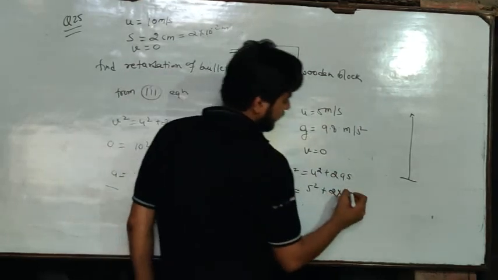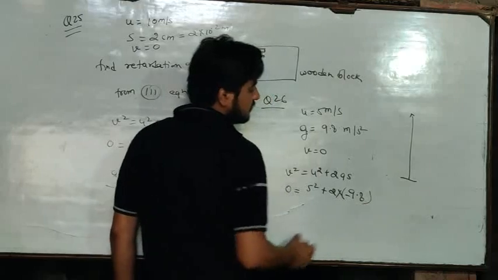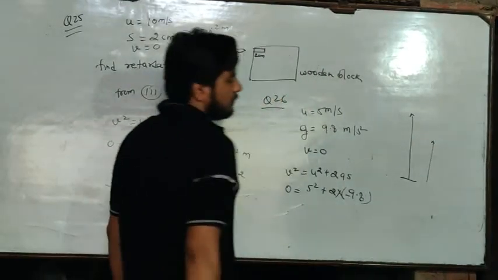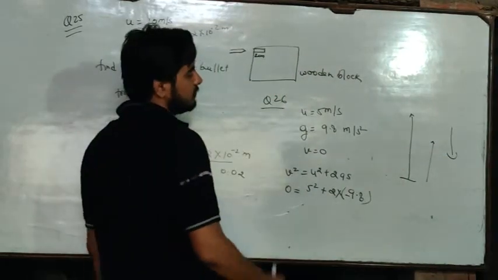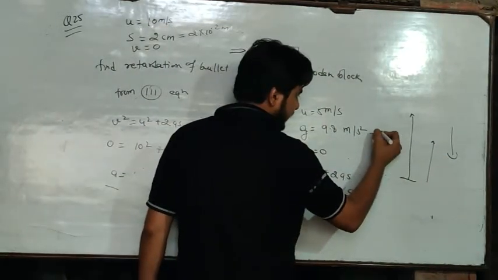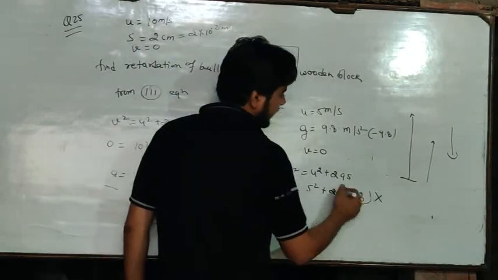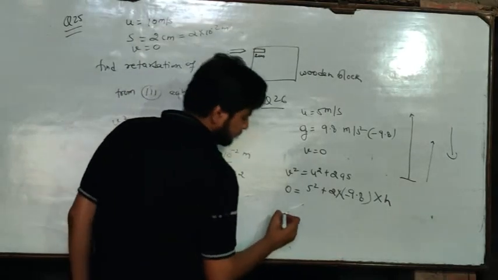The value of a is 9.8 with a minus sign, because our ball is going upward and gravitation is always vertically downwards. So the value is minus 9.8, and s is equal to h. We will solve it.